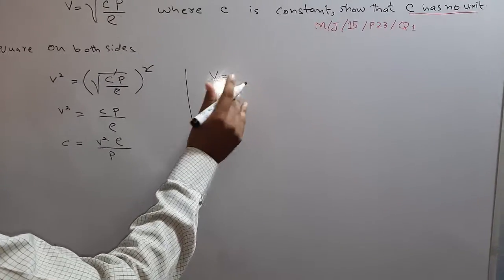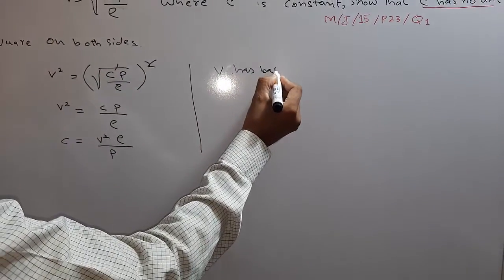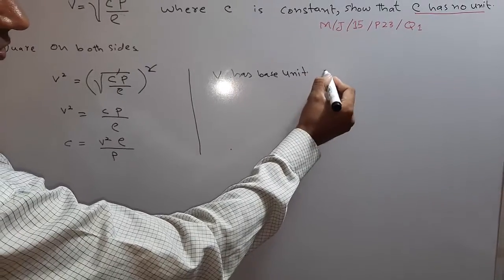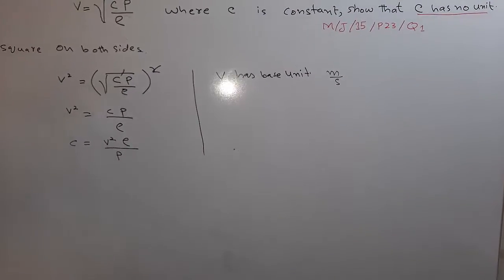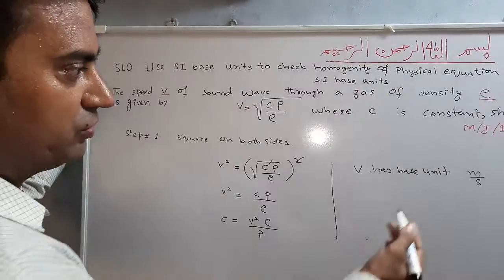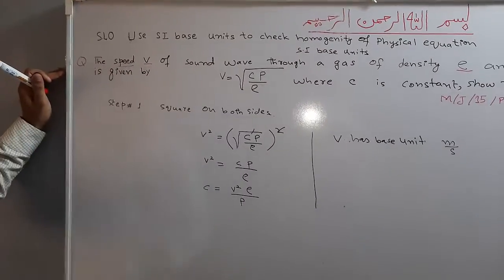Now speed, we all know, is distance covered in unit time. So its SI base unit will be meter over second.